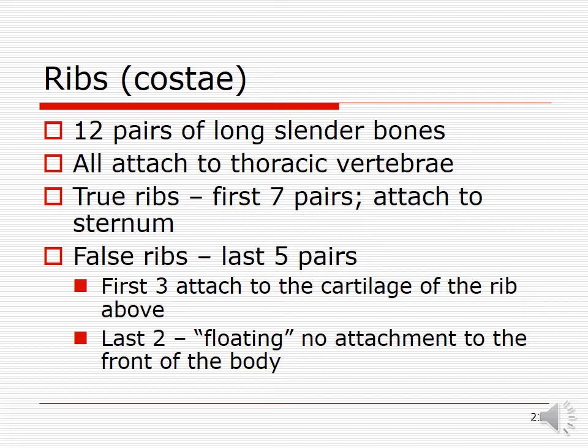And if you go over to the skeleton and take a look at those ribs, you'll see what I mean. So the first 7, the cartilage attaches directly to the sternum. The next 3, those false ribs, attach to cartilage that attaches to the sternum, and then the last 2 don't attach to the sternum at all, and those are called our floating ribs. They only attach to the body via the vertebra.